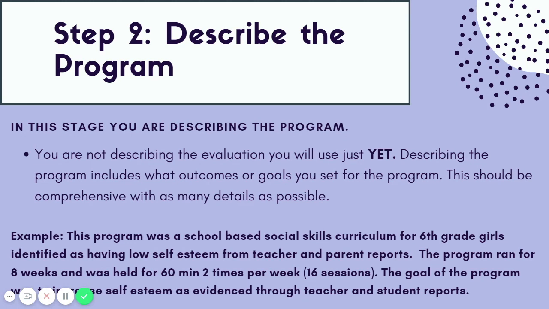So that's a lot to say that this was a program run in a school. 6th grade girls who were referred to the group from teachers and parents. It ran 2 times per week for 8 weeks. There were 16 one-hour sessions, and the goal was to improve self-esteem through teacher and student reports. We are describing the program for those stakeholders who are going to be reading about this program and reading about the results.